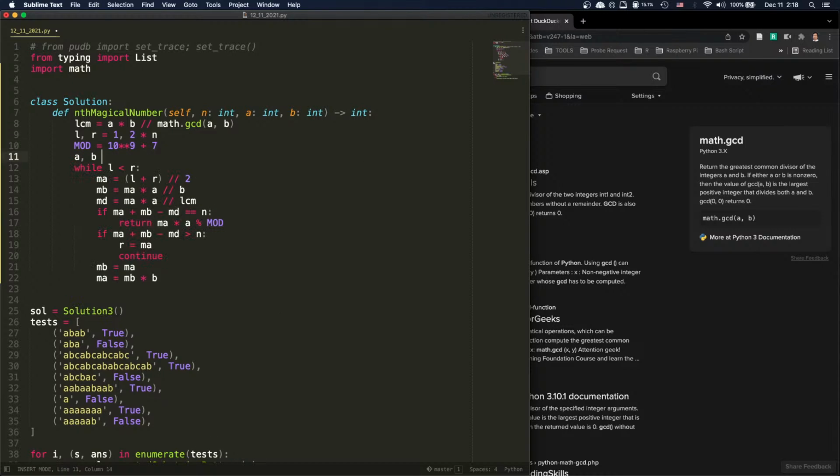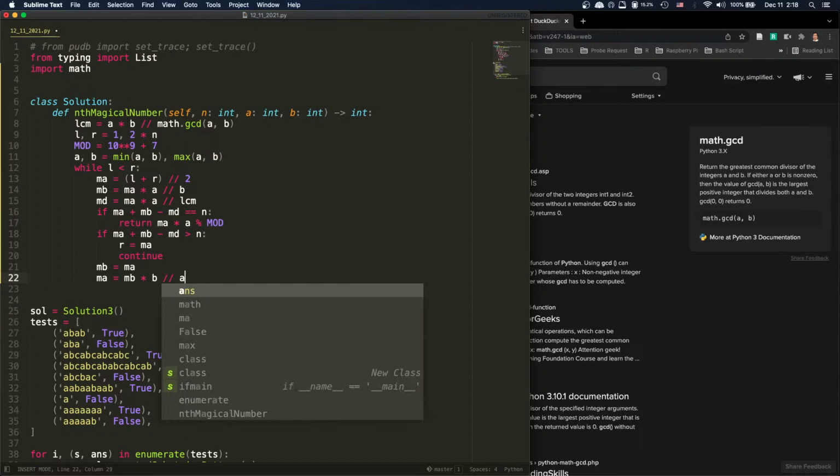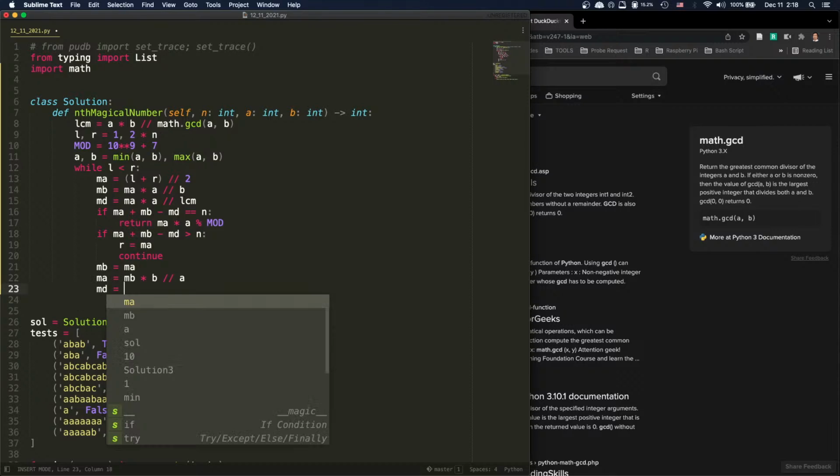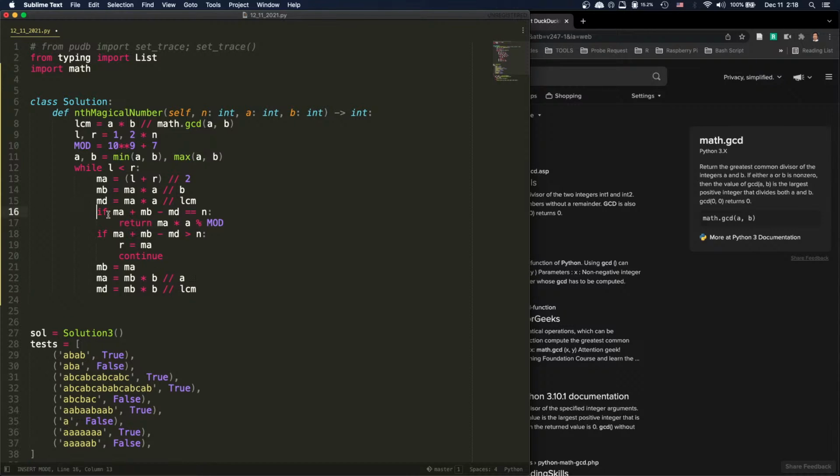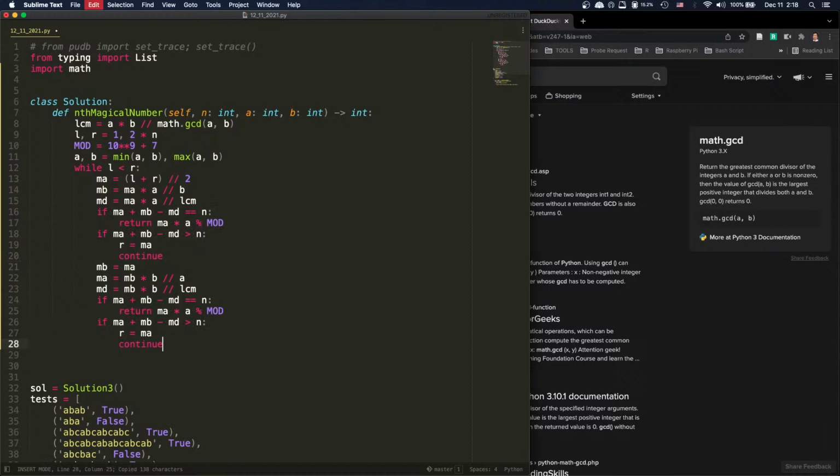And then AB equals min AB and max AB, right? So now MA equals this divided by A, and MD equals MB times B divided by LCM. So we're doing the exact same thing, right? If we swap it, if it equals N, we return MB times B mod.